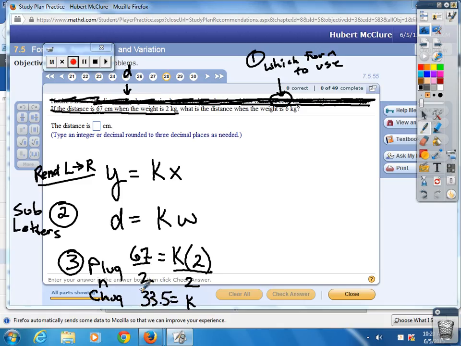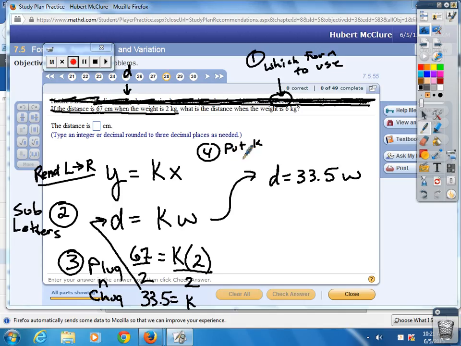And now you take that K and plug it back into the equation, and you get D is equal to 33.5 times W. And 4 would be put K in formula. And then 5, plug in new info.